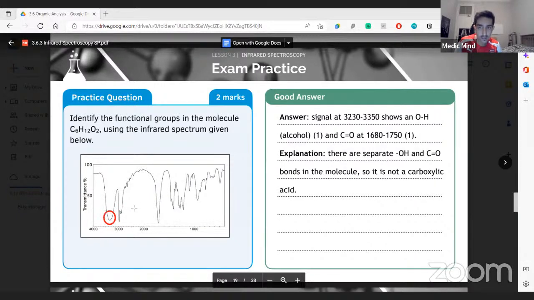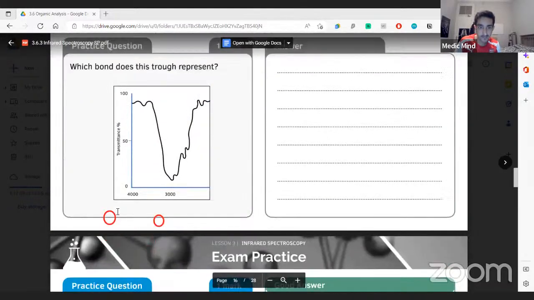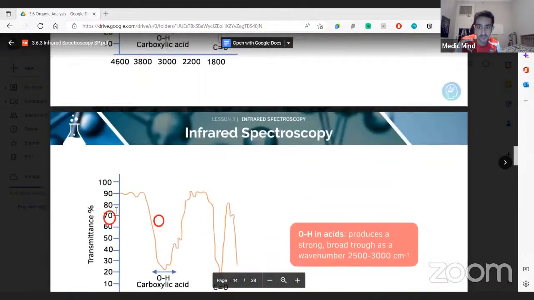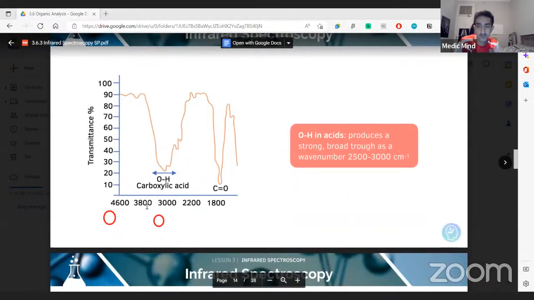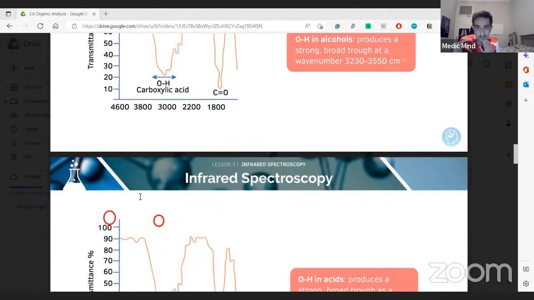And there is a C double bond O here, which is a separate C double bond O group, which means that this is not a carboxylic acid. Remember, for a carboxylic acid, you want the OH to be closer behind, about 2,500 to 3,000.